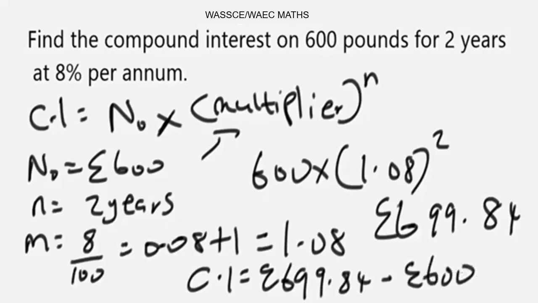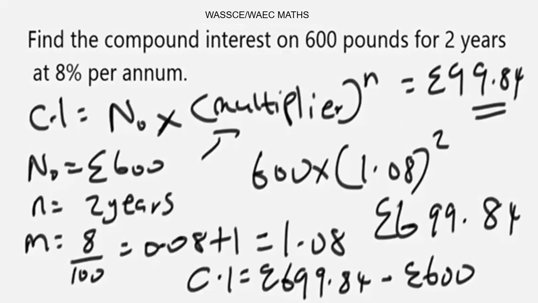When you do the math, you're going to have the compound interest to be £99.84. This is basically what I was trying to explain in that formula when we started this video. So this is the compound interest, £99.84. Now let's wipe this and look at a further question on compound interest.